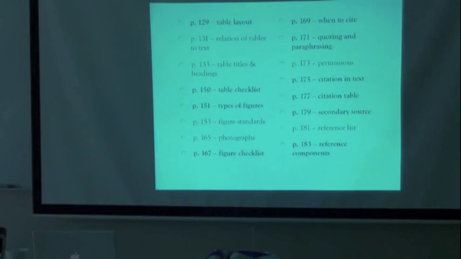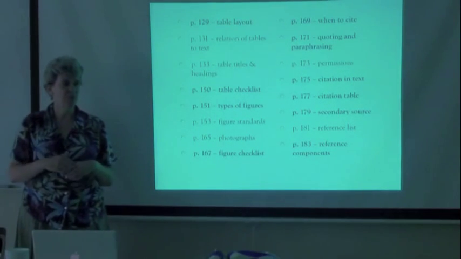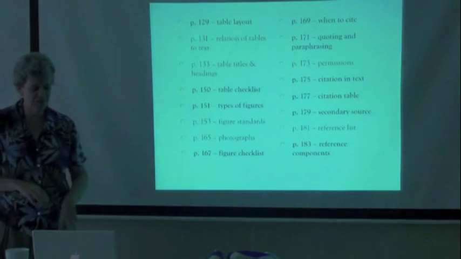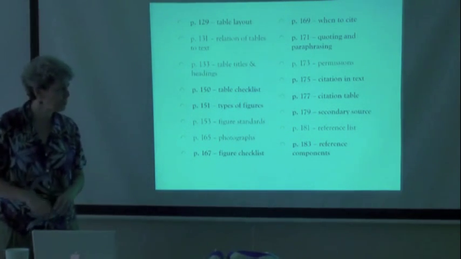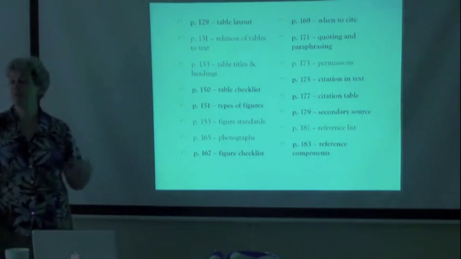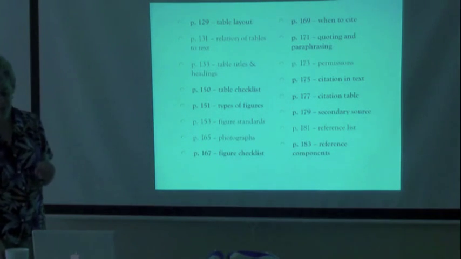So it tells you how to do that so that they're in proper order. That can get tricky, but it's all explained here. So that's the reference list. The reference components begin on page 183. We're going to spend a good hour going through each of those reference components, but just so you know, it starts on page 183. You want to mark that.